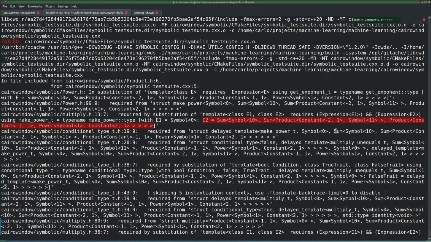The sum of a symbol 10 of a sum of a product of a constant times a symbol. So this is then again the sum product of that with a power.